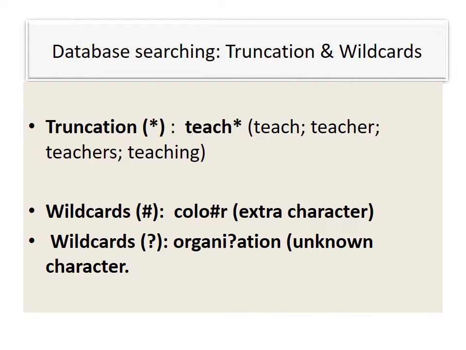For example, organization can be spelled with an S and it can be spelled with a Z. So if you're not sure about an unknown character, is it going to be the S or Z? You use the question mark and the computer will then search for organization with an S and Z. In other words, it will broaden your search.